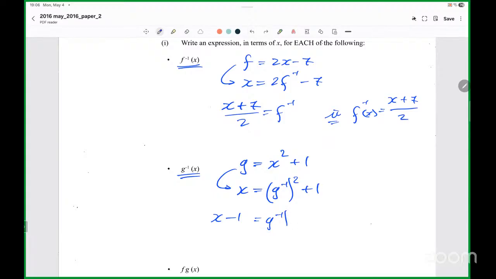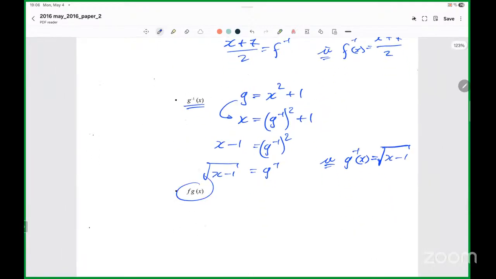To get rid of the square, square root both sides. So we're going to get the square root of x minus 1 equals g to the minus 1. That is g to the minus 1 of x is the square root of x minus 1. All right? Taking the positive square root.